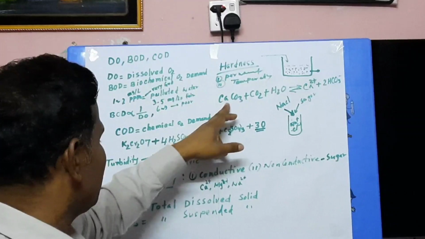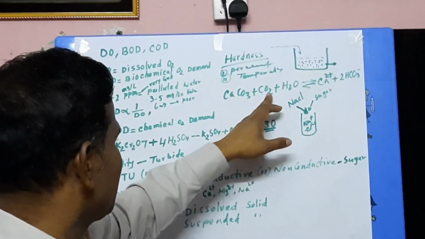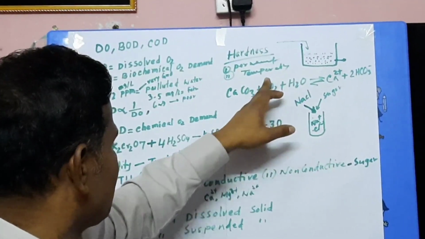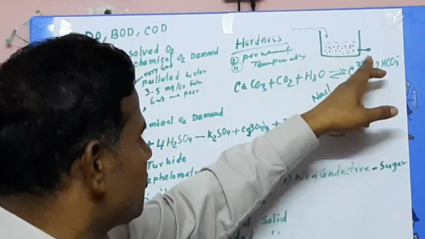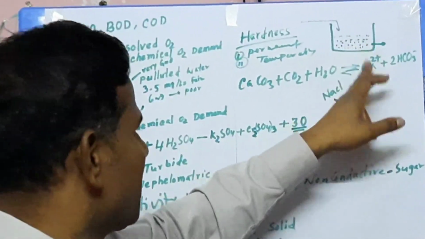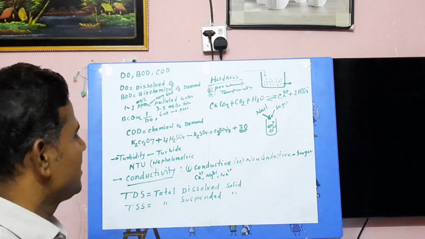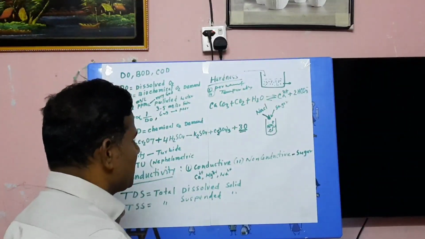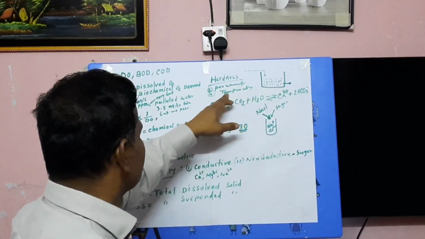So in the soil are available calcium carbonate, magnesium carbonate, calcium sulfate, and also carbon dioxide, which react with water, and it will create calcium 2+ ion. It is called hardness. Calcium ion, magnesium ion, this is called hardness. By this way the hardness in the water increases. So one is called permanent hardness, another is called temporary hardness.